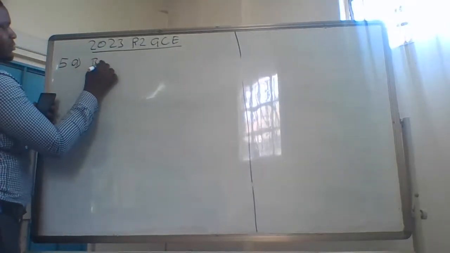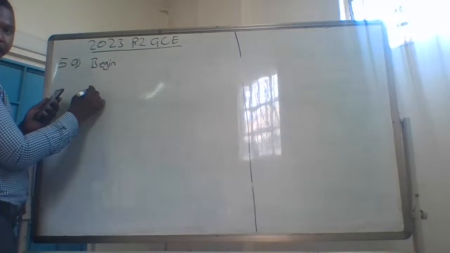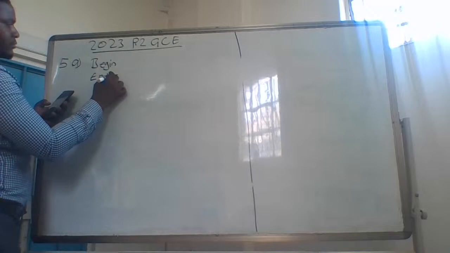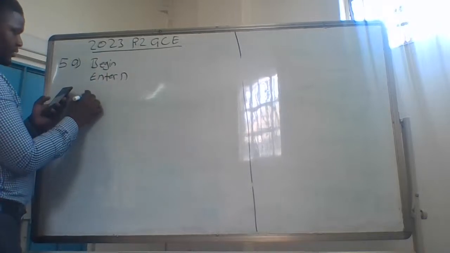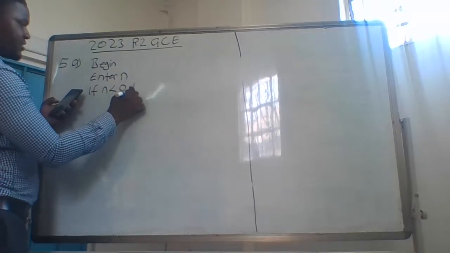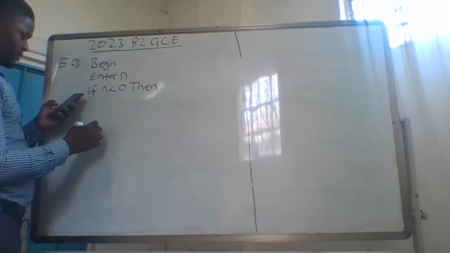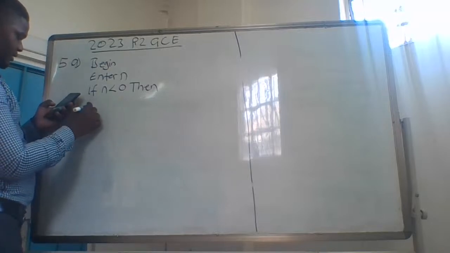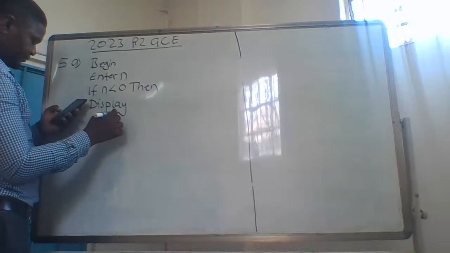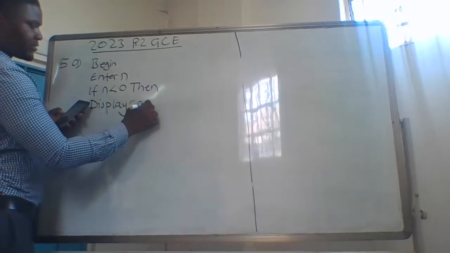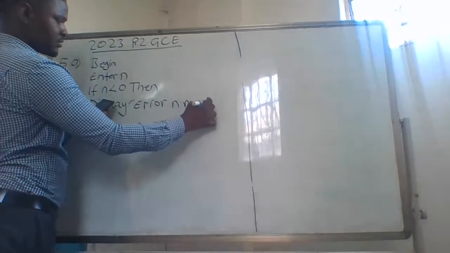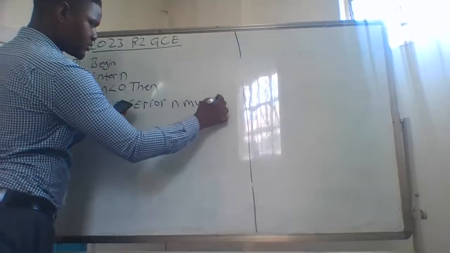Begin. After begin, enter n. If n is less than 0, then display error, n must be positive.